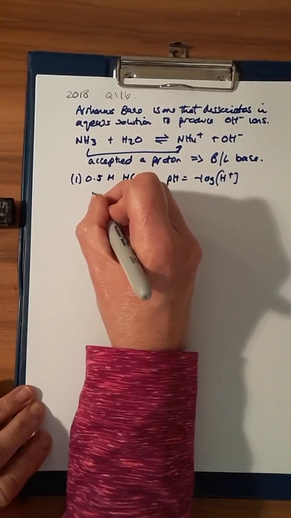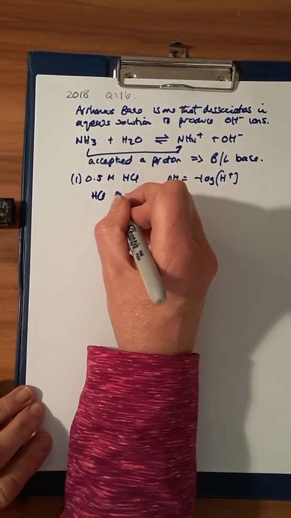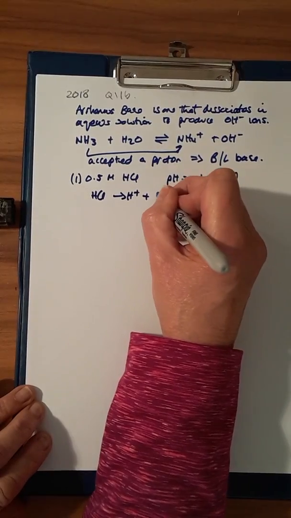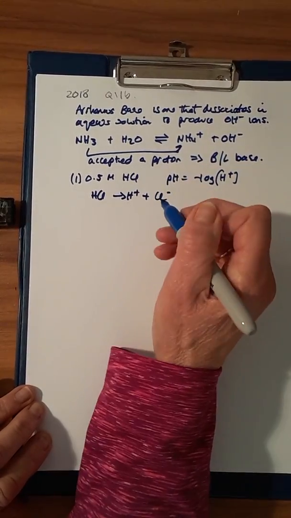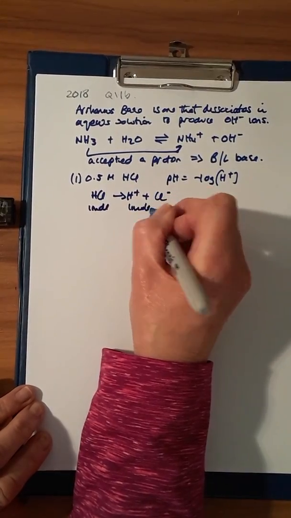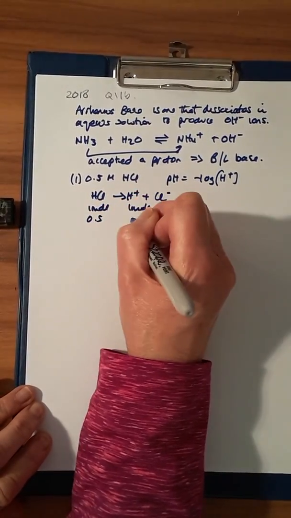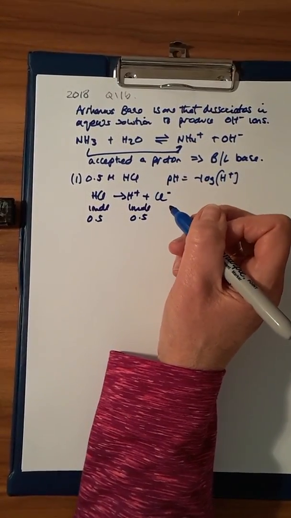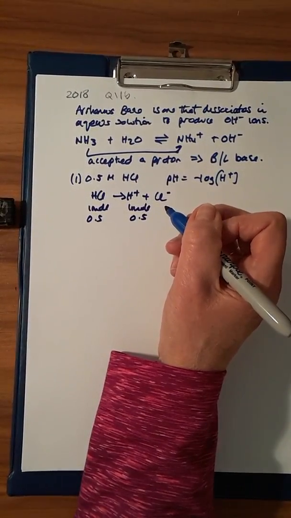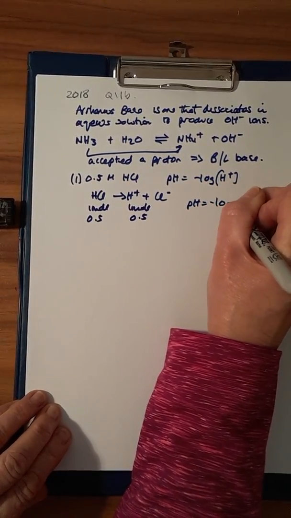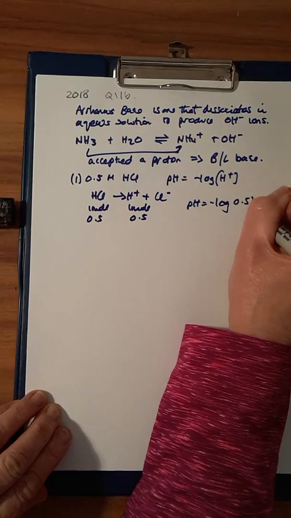So in this particular case, what happens to HCl? Well, it splits into H pluses and Cl minus. 1 mole of HCl will give you 1 mole of H plus. 0.5 moles of HCl will give you 0.5 moles of those H pluses. So therefore, the pH is equal to minus the log of 0.5.